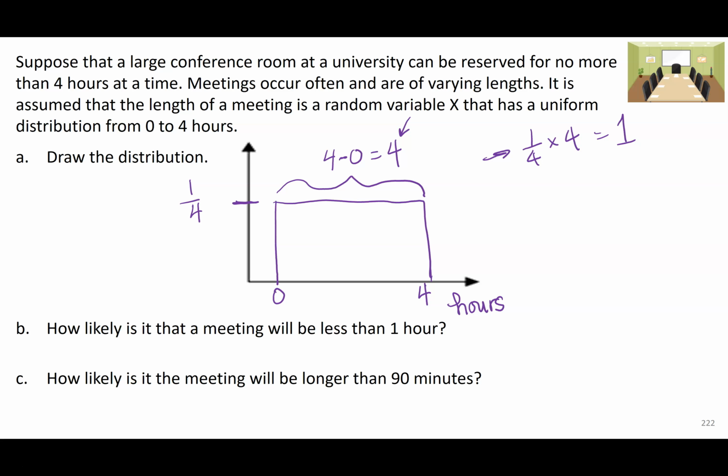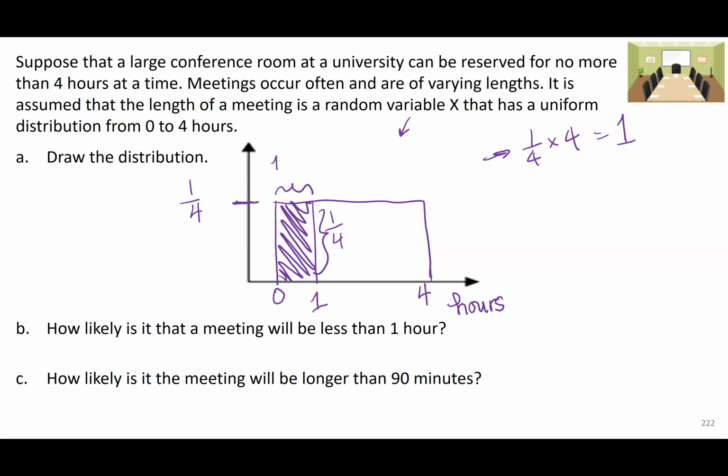From there, we can ask how likely is it that a meeting will be less than 1 hour. I'm going to draw on here to make it easier for me to see. From 0 to 1, I want to know that area. I know that this is 1/4 tall.